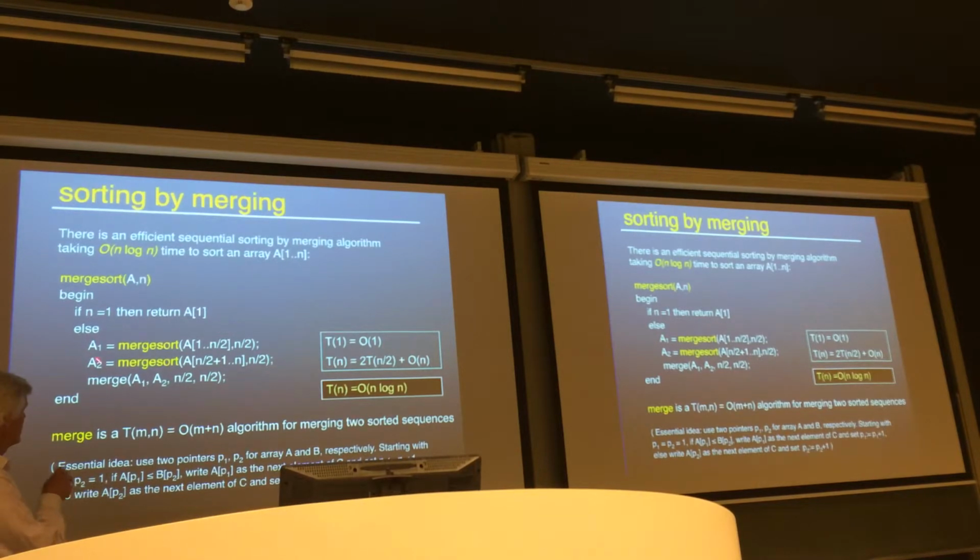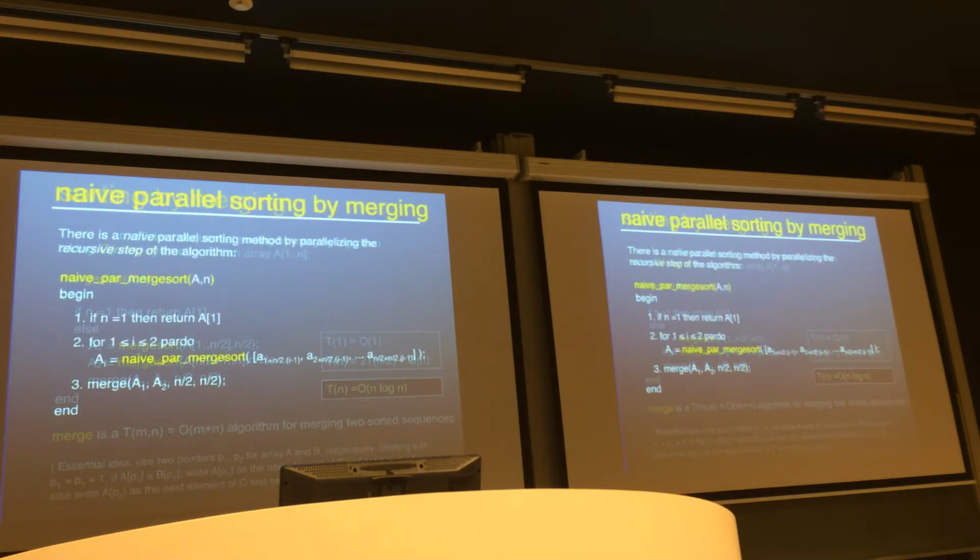That's the recursive equation, plus O(n) for the merge, and that results in T(n) is O(n log n). Well, since we know that you need at least omega n log n, this algorithm should be called optimal. Okay, so this is classic stuff. Now the ideas.